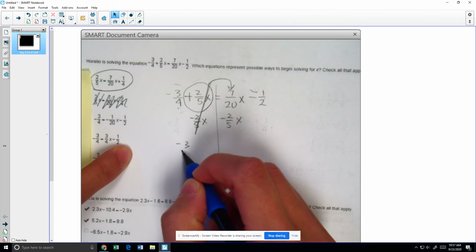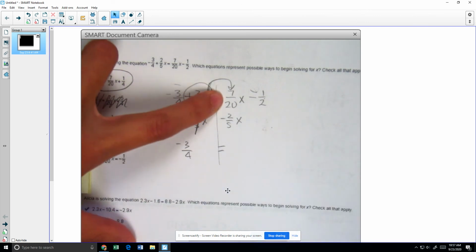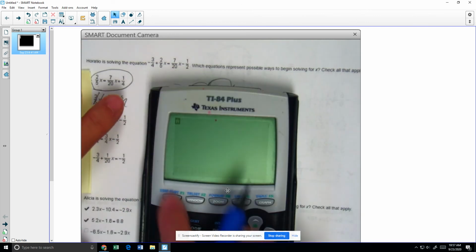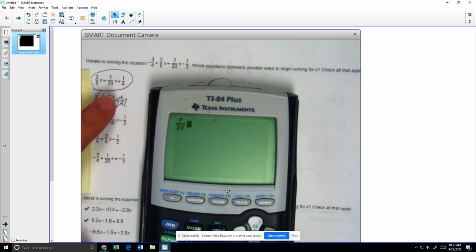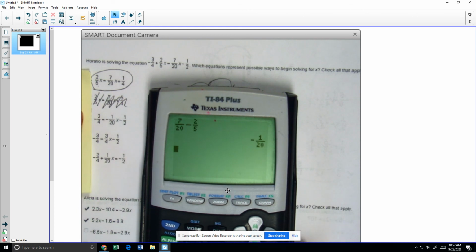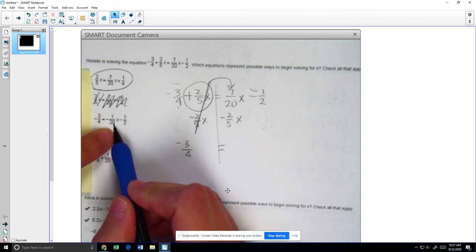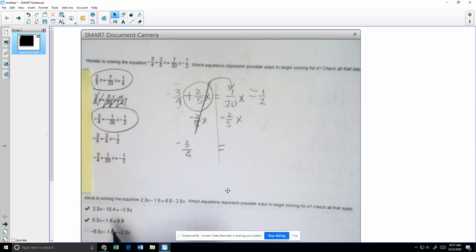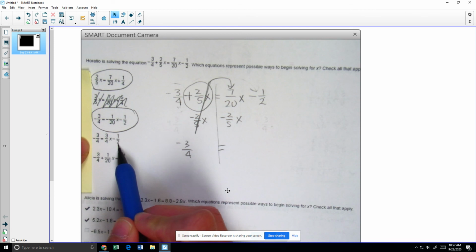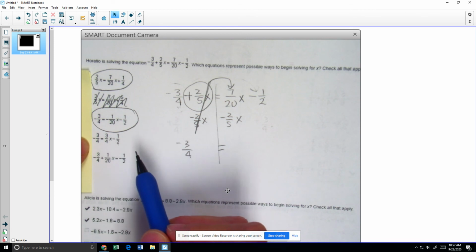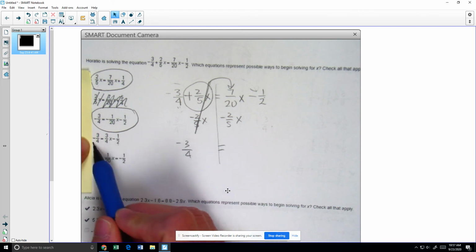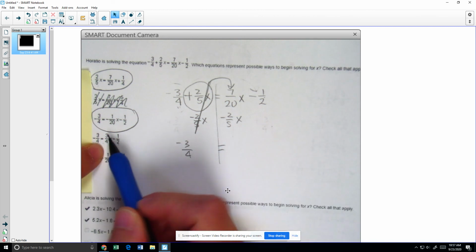So I have -3/4 equals, okay, 7/20 minus 2/5. So 7/20 minus 2/5 is -1/20. Oh, -1/20. So that must be an answer, which means this can't, right? Because that would have been -1/20.